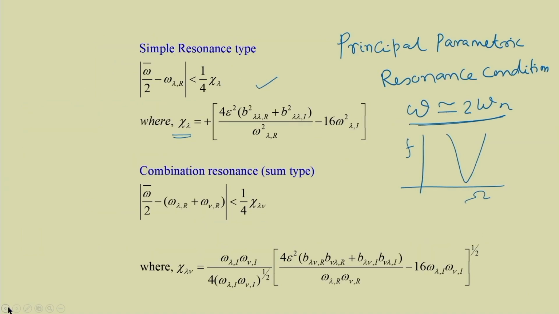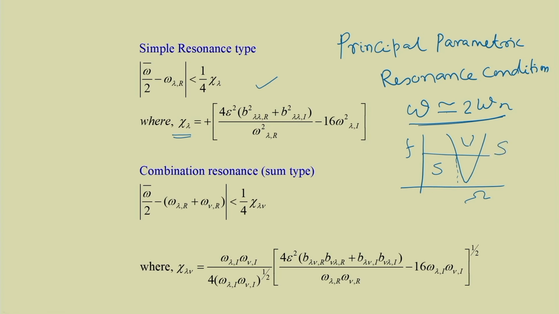After getting this B matrix, you can find this x lambda, and by using this expression, one can plot the instability region or the transition curve. This transition curve means that for a particular value of f, up to this point the system is stable, then it becomes unstable, and after that it is stable again.